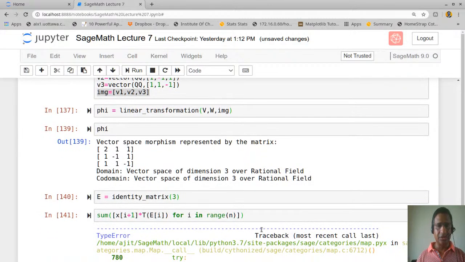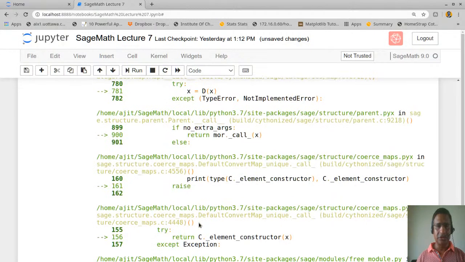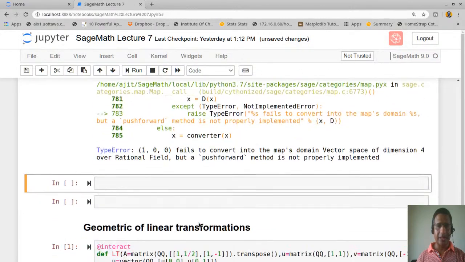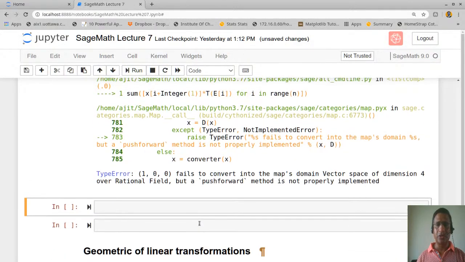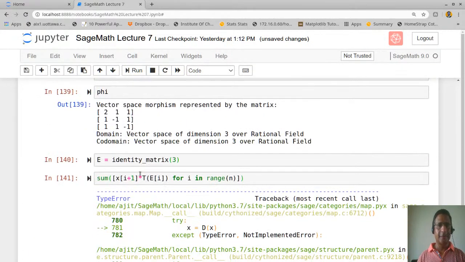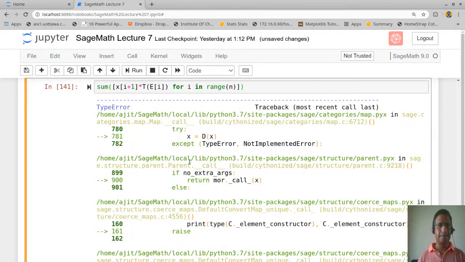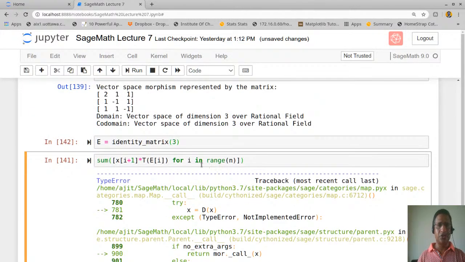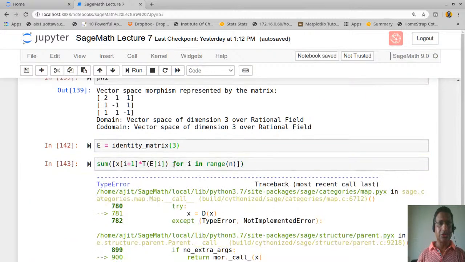I think, what does it say? There is some error: failed to convert into map domain vectors. So I think T of e_i is the problem.